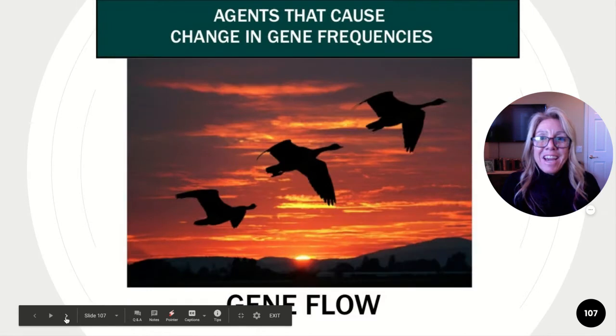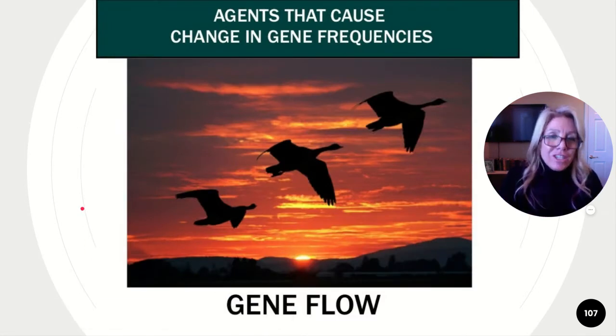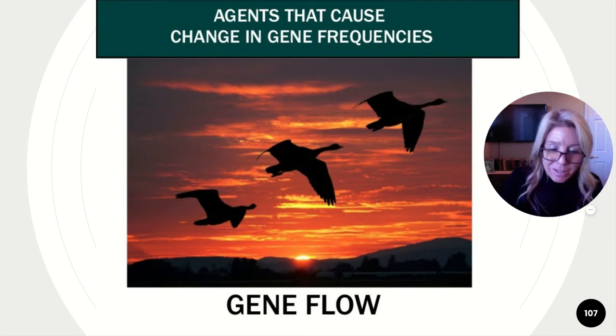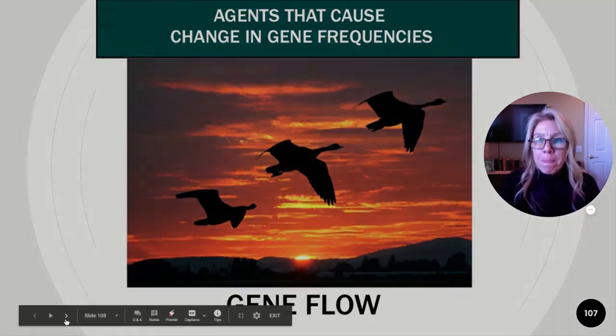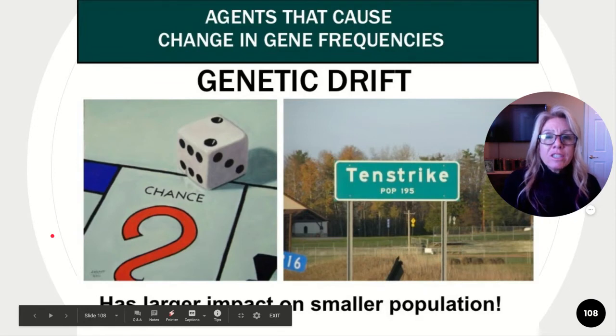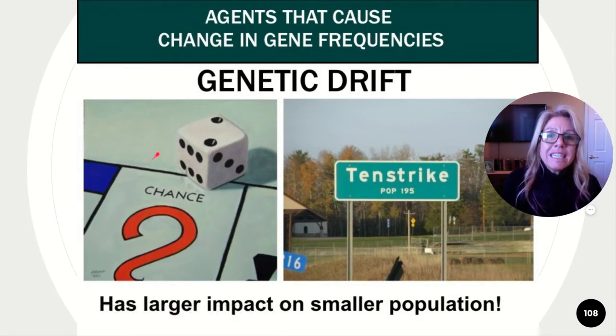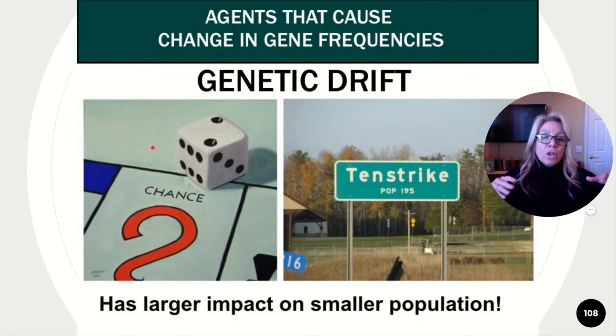Okay, another agent that can cause change, which would then change the allele frequencies, which would cause evolution, is migration or gene flow, movement of alleles between populations. Number three, agents that cause change in gene frequencies is genetic drift. So if you're drifting in a boat, you're not really going anywhere with any purpose, right?